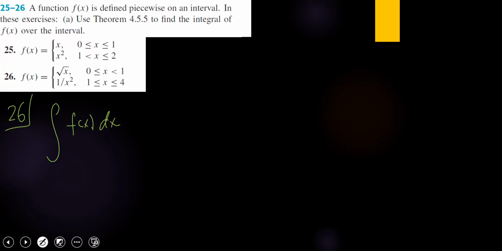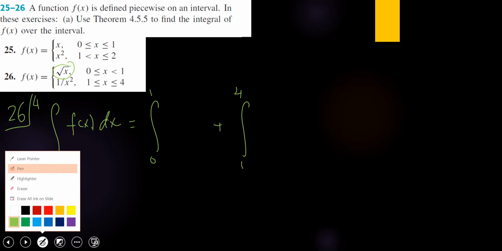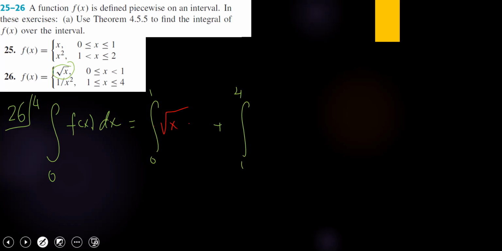From 0 to 4. From 0 to 4, thank you. Which will be from 0 to 1 and from 1 to 4. So from 0 to 1, I'm talking about square root of x. And from 1 to 4, I'm talking about 1 over x squared dx.